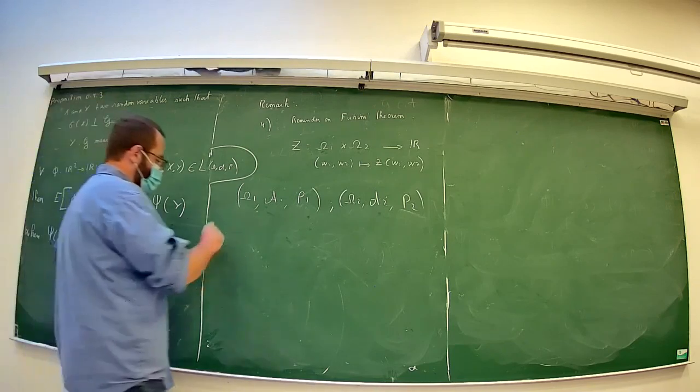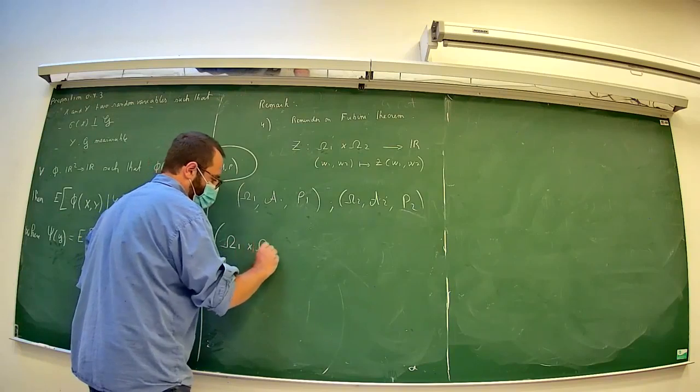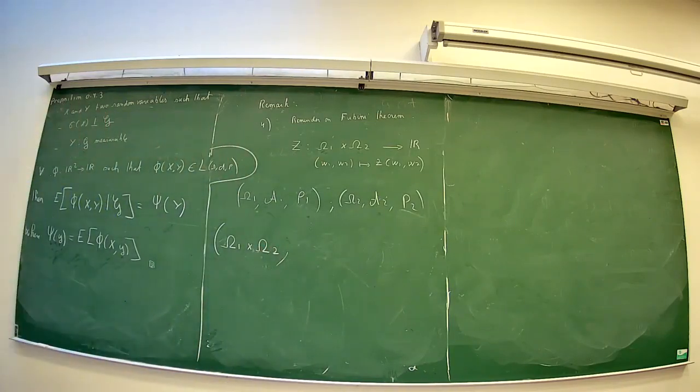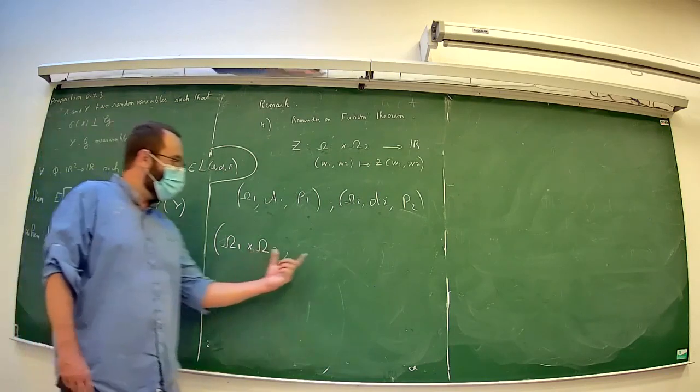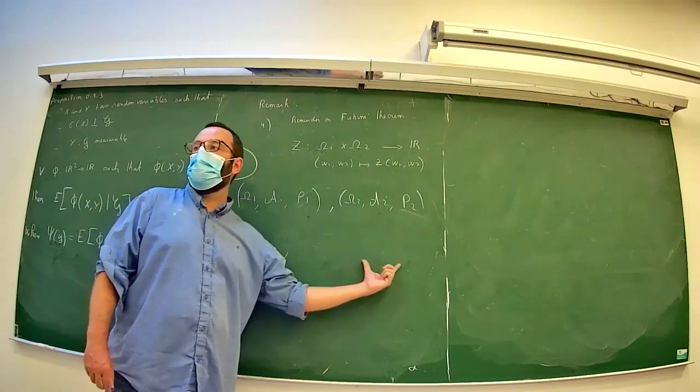So do you remember how to build naturally a probability space that is related to this product of universes? So I have omega 1, omega 2. I define a universe that is omega 1 times omega 2. And I say that there is a natural choice for a sigma algebra here and a probability here.